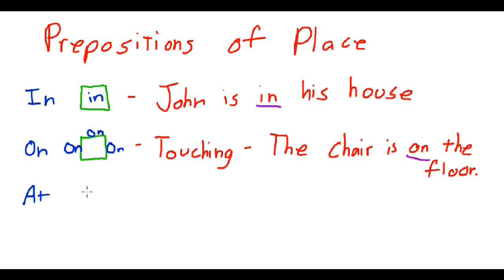Alright. So if we look at at, it can be a little difficult. So if you think about a box again, at would be, I don't know, maybe over here a little bit. Not really in the box, and it's not touching the box. It's more on the side. And for at, I like to break it up into two rules. The first one's pretty easy.